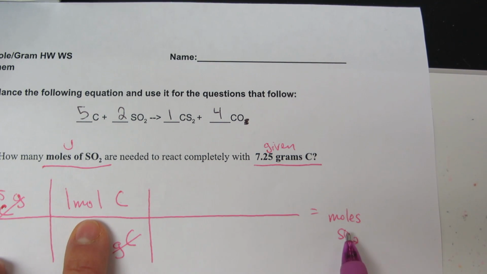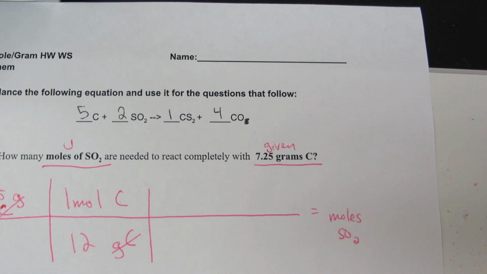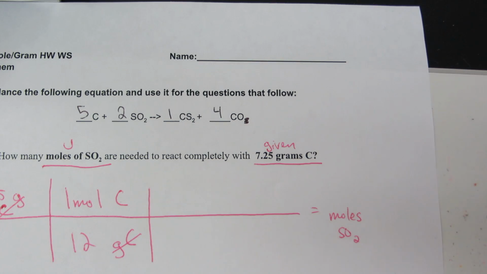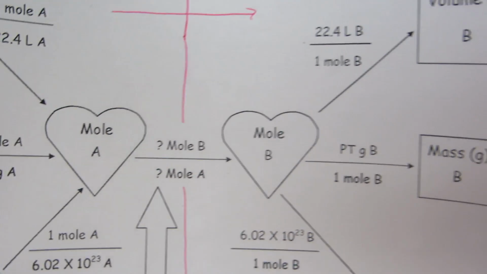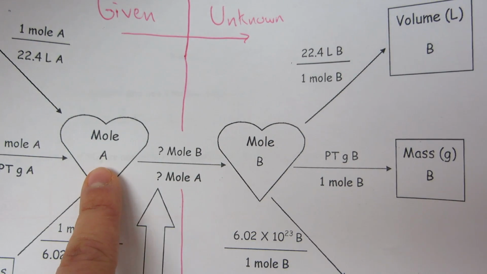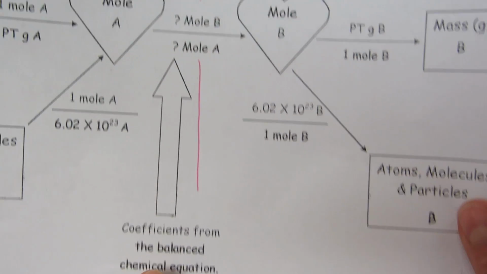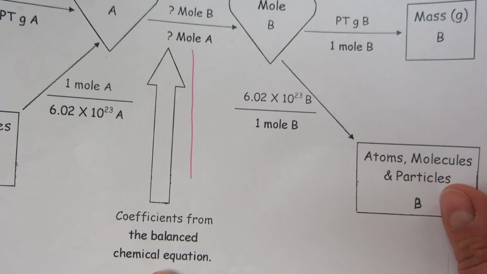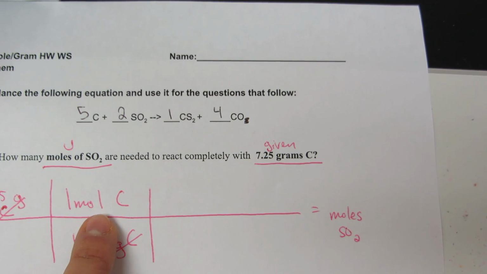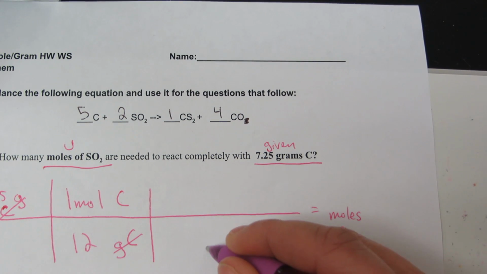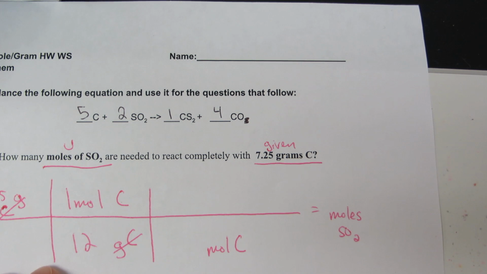We want to get to moles of SO2, sulfur dioxide. So we want to cancel out the moles of carbon. Here we see it on top, so we're going to put it on the bottom. We're in mole of carbon and we want to get to mole of SO2. So this is your mole ratio step using the coefficients from the balanced equation. If I have 1 mole of carbon on top, I put mole of carbon on the bottom to cancel it out.